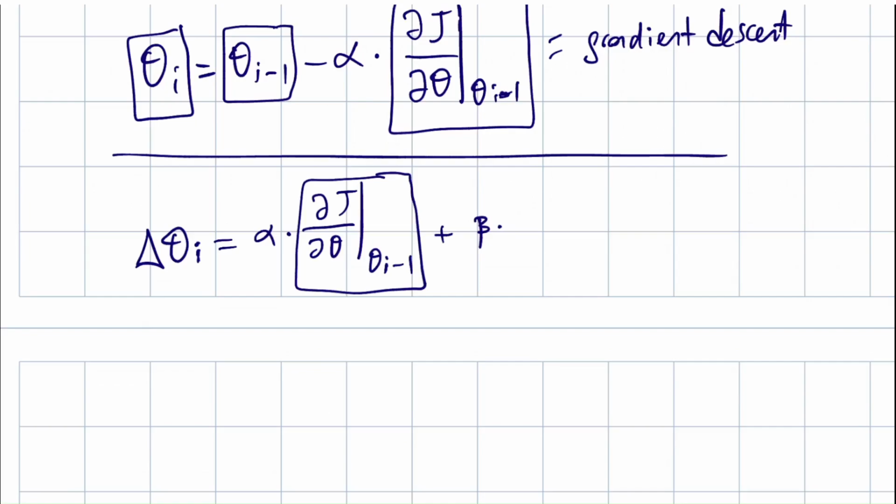It can be a number ranging from 0.1 to 0.5 or something, times delta theta i minus 1, the change in the previous iteration, and this is your update.